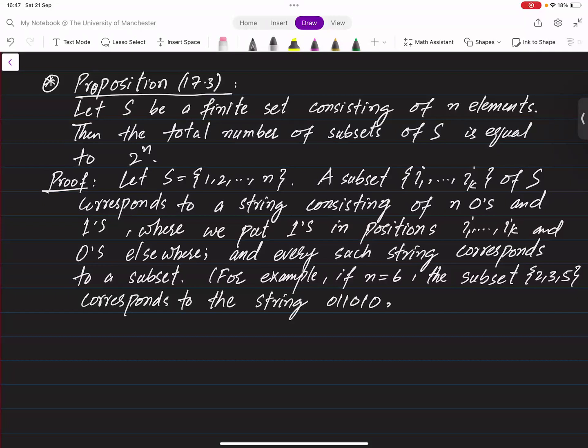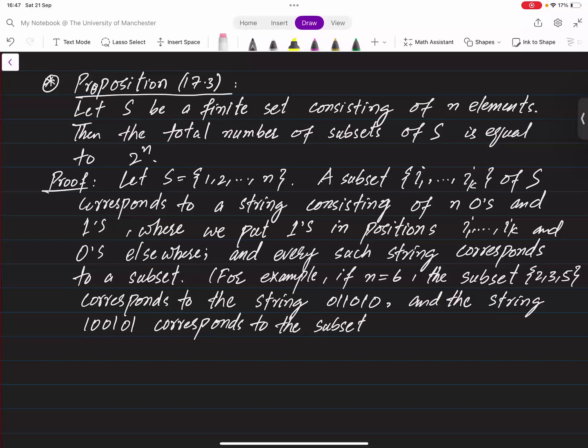So 1 at the positions 2, 3, and 5. And the string 1, 0, 0, 1, 0, 1 corresponds to the subset 1, 4, 6.